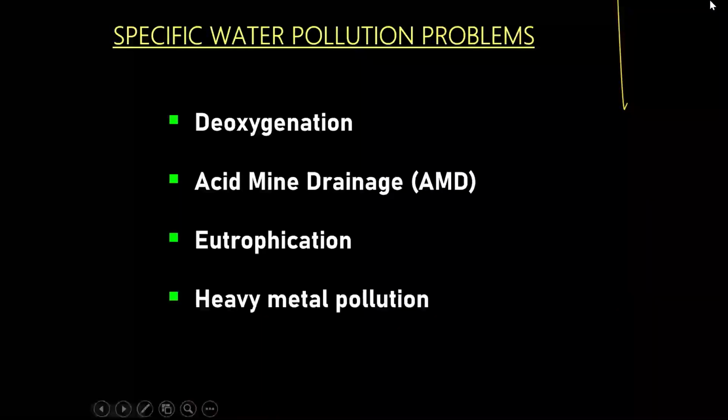Now, another thing we also have to look at is specific water pollution problems. What are the water pollution problems that we can face? Deoxygenation, then acid mine drainage, eutrophication, heavy metals.